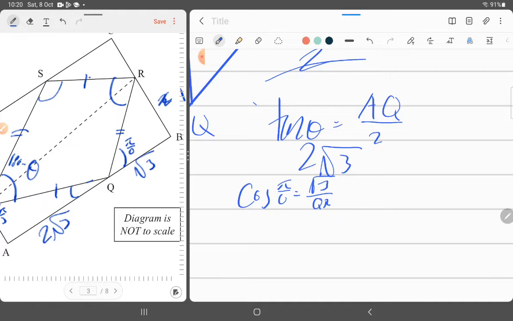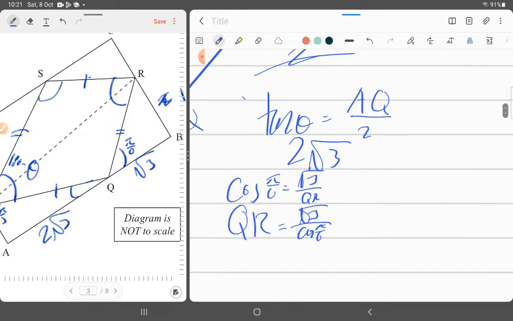Cosine theta is equal to adjacent over hypotenuse, so QR is equal to square root of 3 over cosine pi over 6, which is equal to 2.